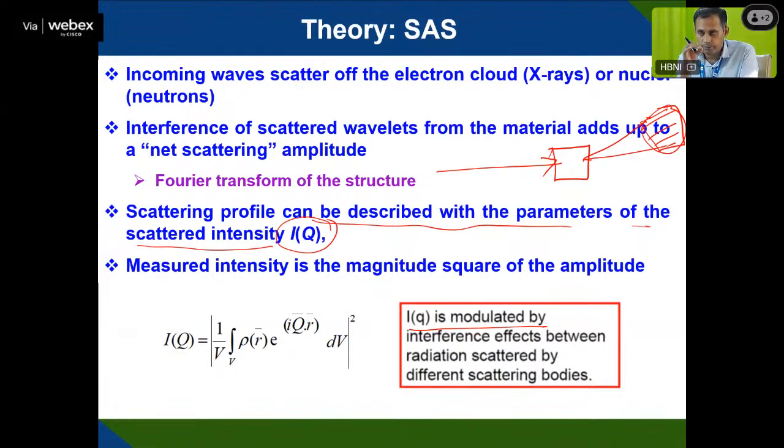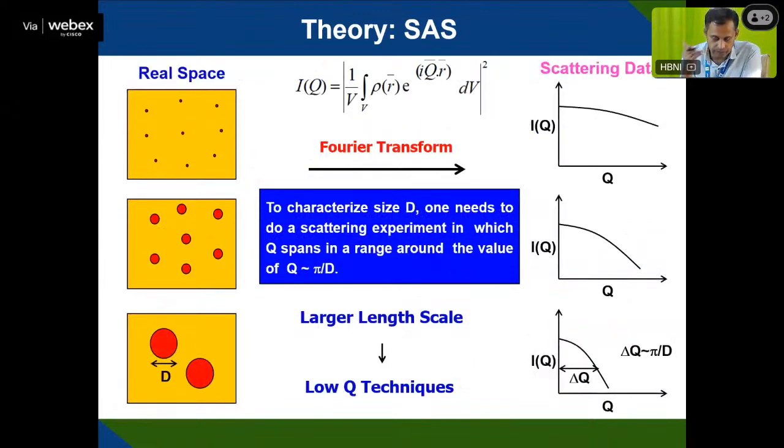Like you have a few different scattering bodies, so the scattering from all bodies will be added up, and then you apply the Fourier transform to get the magnitude of the scattered intensity. If you see in case of real space, you can see all the spots, and then after Fourier transform you get how the intensity I(Q) is decreasing with respect to the Q vector.